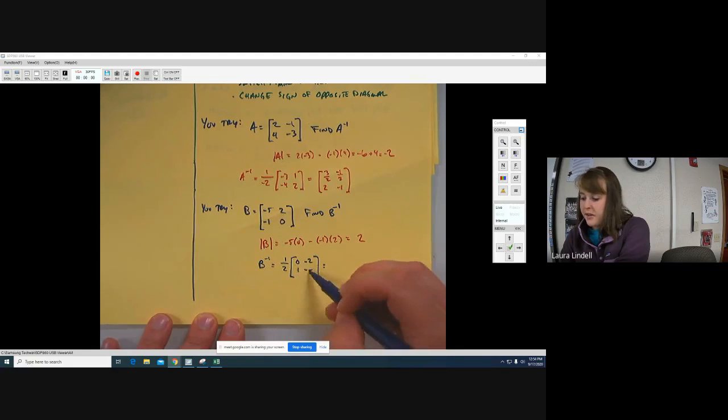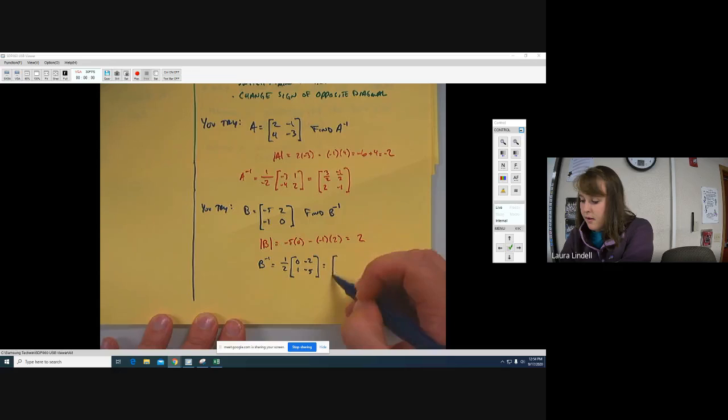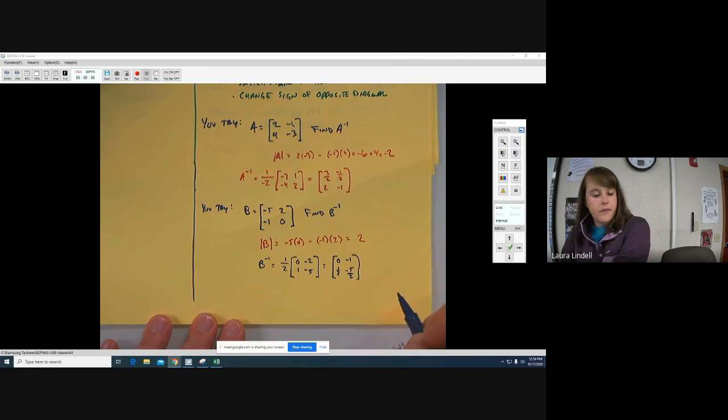And then we switch the main diagonal so that it becomes a 0 in the top corner and a -5 in the bottom corner. And then we make this a -2 and make the -1 into a +1. And our inverse matrix becomes 0, -1, 1/2, -5/2.